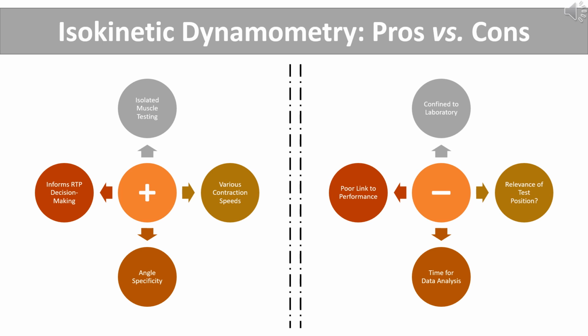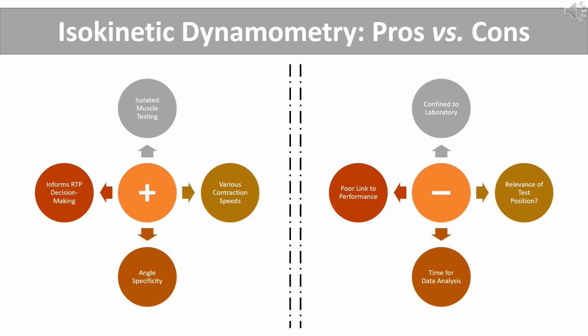But from a more holistic perspective, particularly for practitioners working in a sport like football, for this type of testing method, knowing that it's confined to a laboratory, we need to seriously consider what the advantages and the disadvantages are, and whether or not those advantages outweigh the disadvantages. And if so, that may inform whether or not we should be using it.